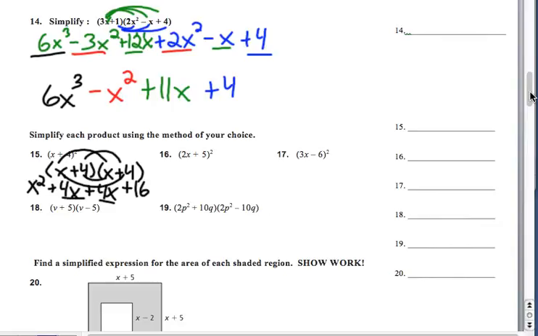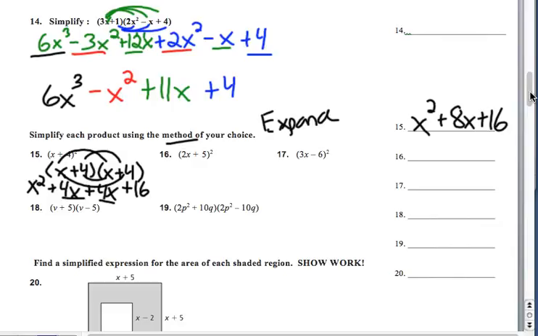Then combine your like terms. I'm going to write it over here. This one, it is absolutely critical that you expand it out. The method you're going to hopefully choose is to expand out those foiling problems.